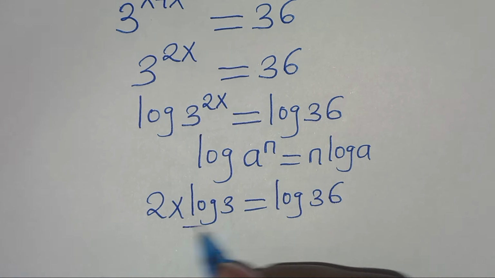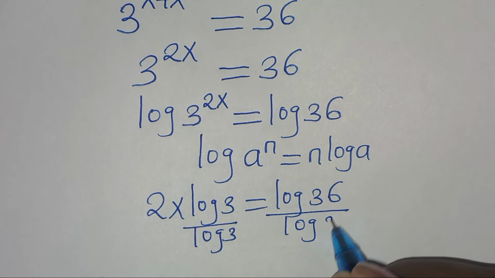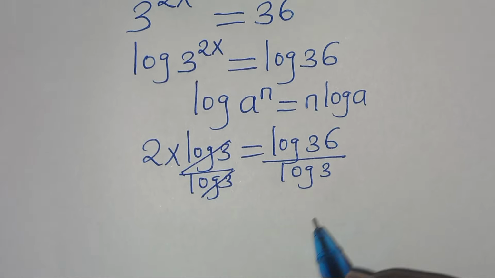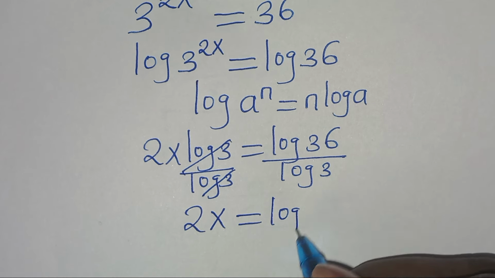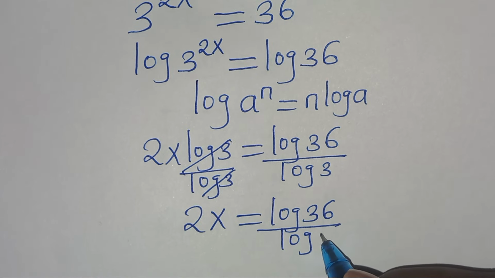So let's divide both sides by log 3. Here we have log 3. So let's simplify here, log 3 and log 3, so that now 2x, this is equal to log 36 divided by log 3.